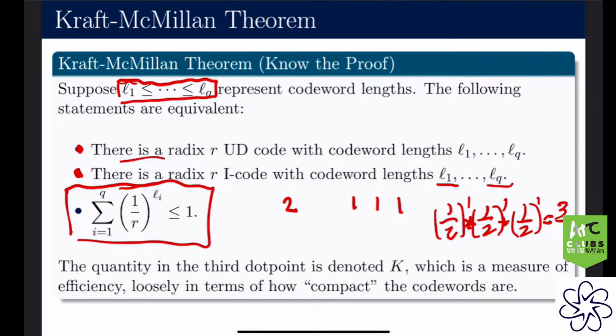And that's going to equal 3 on 2, which is over 1. So there exists no radix 2 code where you have 3 code words of length 1. Hope that makes sense. Feel free to put stuff in the chat, and hopefully someone will be able to tell me if there are any questions.